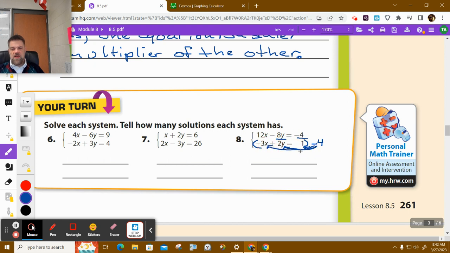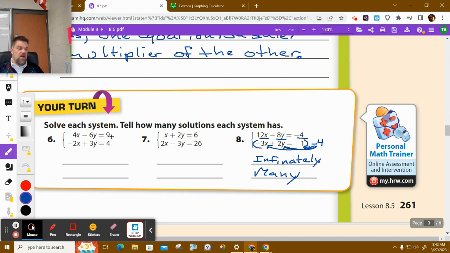What's -4 times -3x? +12x. How many solutions does that one have? Infinitely many. So this is infinitely many because one equation is a scalar multiplier of the other. In other words, I'm multiplying the first or the second equation by -4 to get the first one.